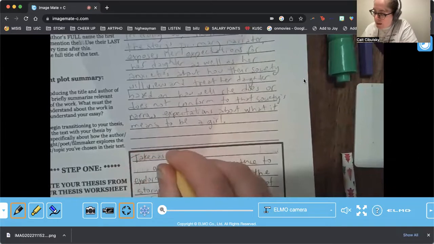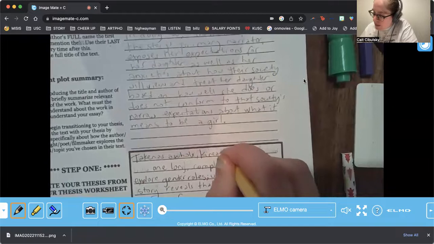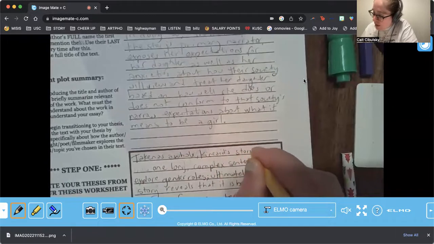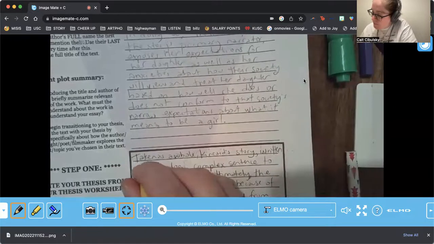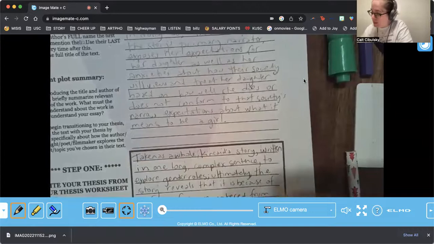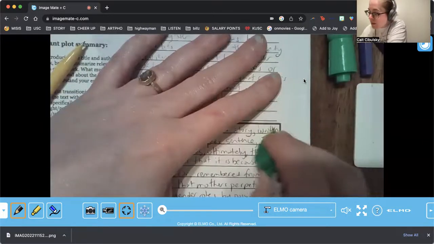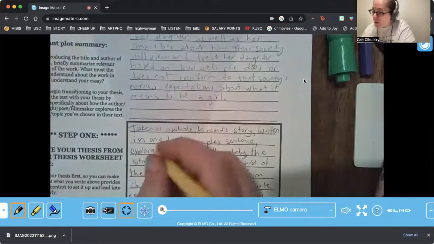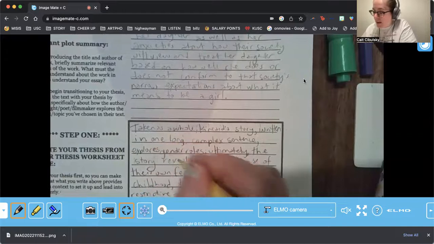Taken as a whole, Kincaid's story, written in one long complex sentence, explores these gender roles, and now I'm adding the word these because I've already been talking about it.